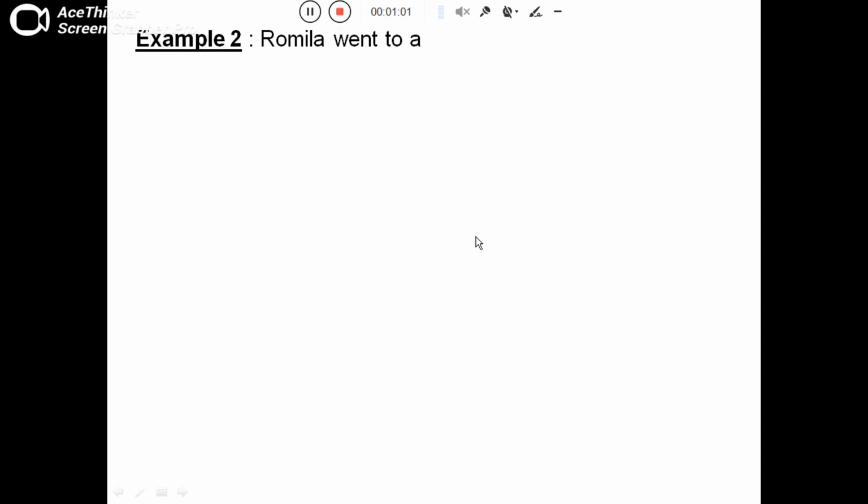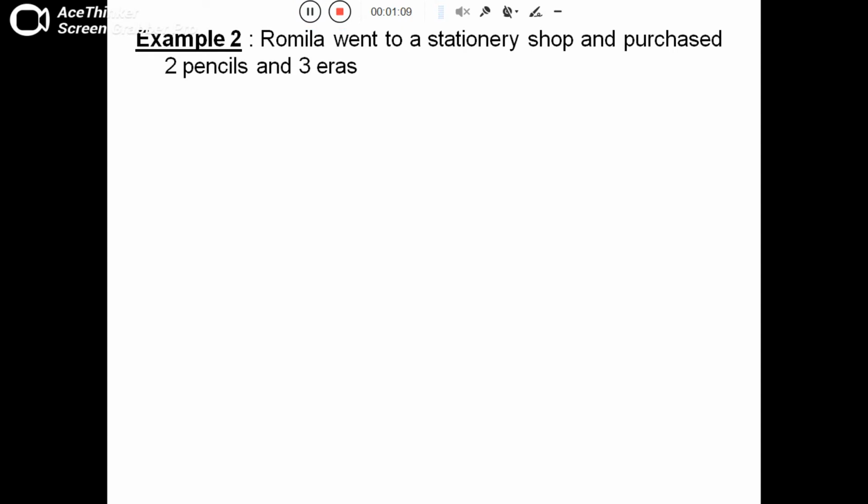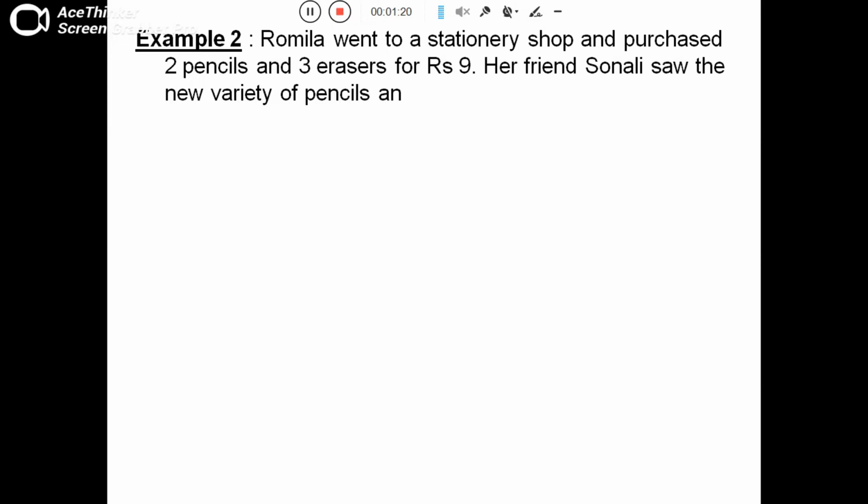Now see example number 2. In this example, Romila went to a stationery shop and purchased 2 pencils and 3 erasers for ₹9, and her friend Sonali saw the new variety of the pencils and erasers.